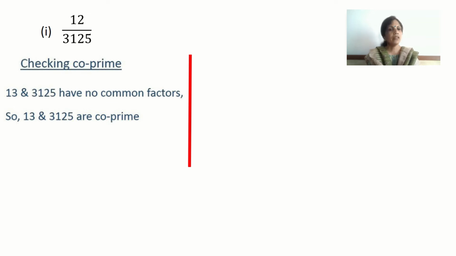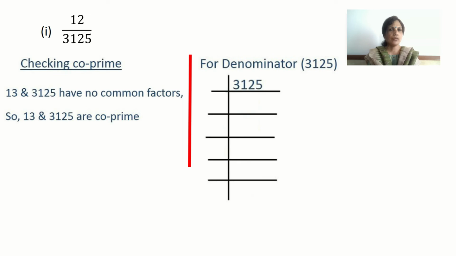So the denominator is 3125. Let's start factorizing this. We can make use of our old method of factorizing the number. Either you can make use of the vertical method or the horizontal method, that is absolutely your choice. We have made use of the vertical method. So let's start with 5. 5 sixes are 30, then 5 twos are 10, and then 5 fives are 25.